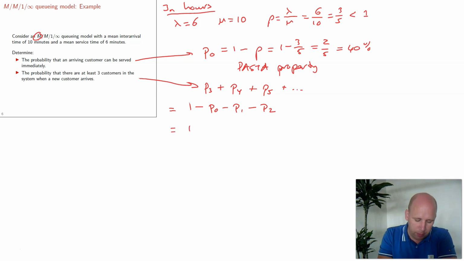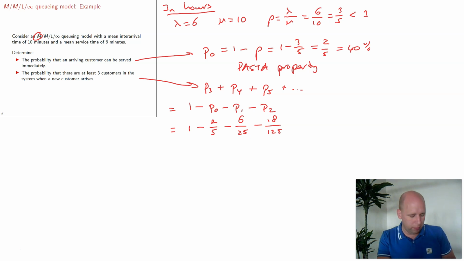We already have P0 that was equal to 2 over 5. And then P1 is P0 multiplied by rho. So it's times 3 over 5, which gives you 6 over 25. And then P2 will be 18 over 125. This can be written as one fraction, which gives us 27 over 125.